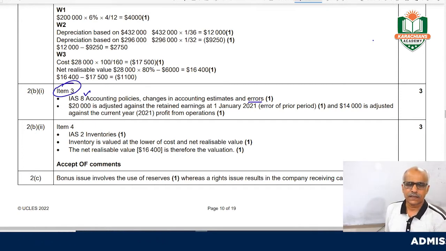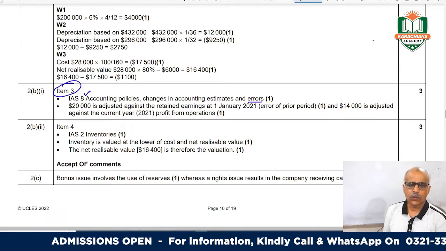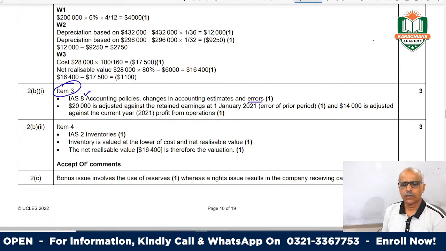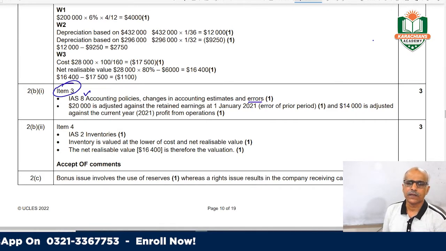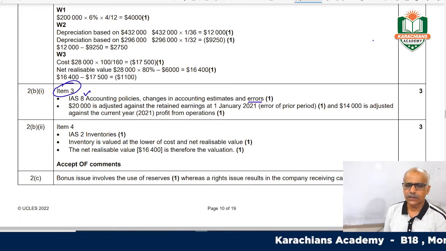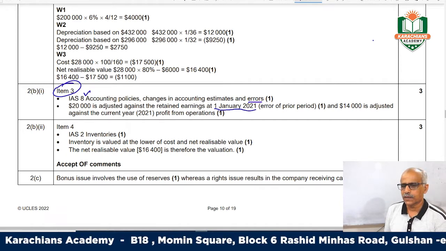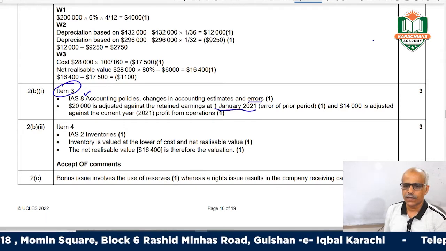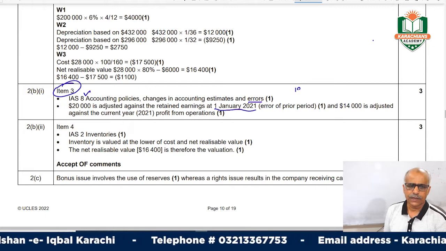So this will be treated under IAS 8. The depreciation of 20,000 was overcharged last year, so this will be adjusted against the retained earnings. This is a prior year adjustment. So 20,000 is adjusted against the retained earnings at 31st. The retained earnings was, I think, 192,000.